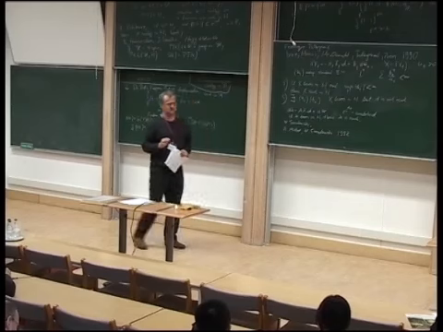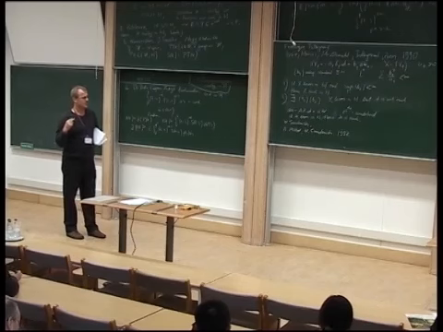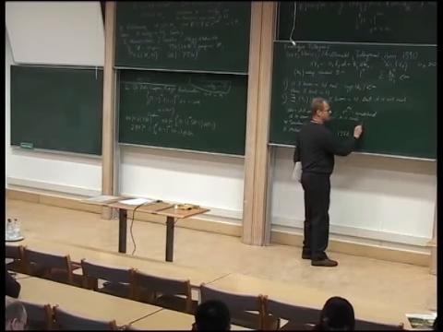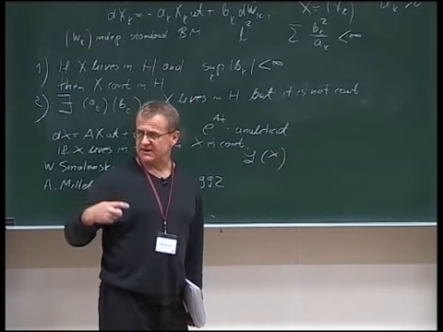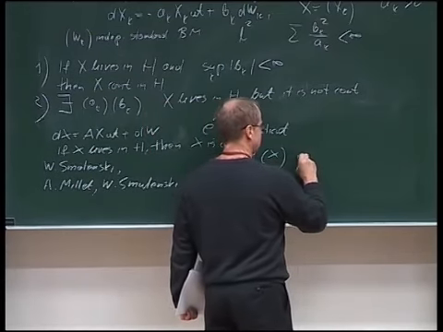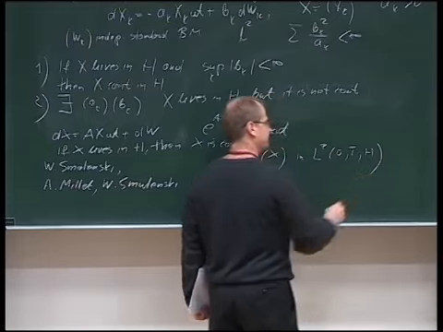And the argument is the following: we can look at the law of X. So this is the law of X in the space of trajectories, so the law of X in L2(0,T; H).